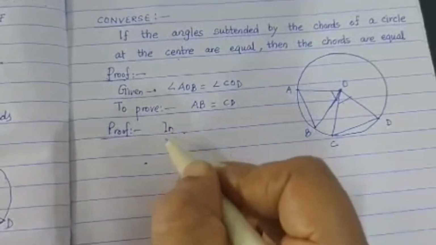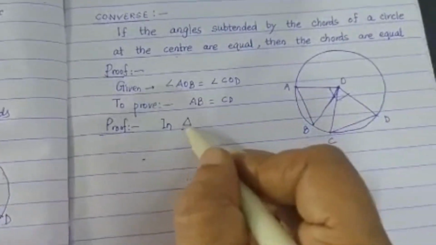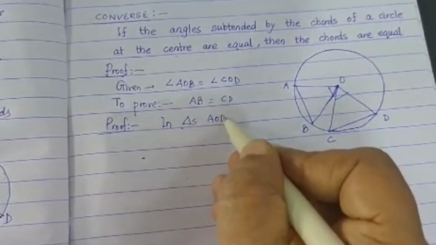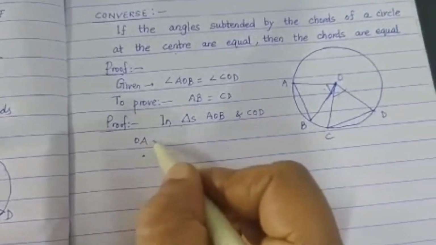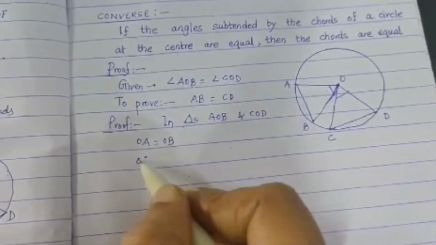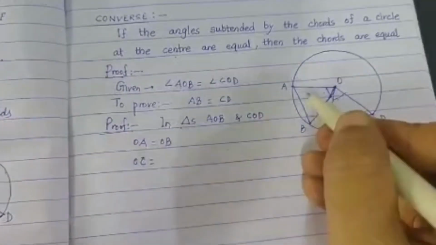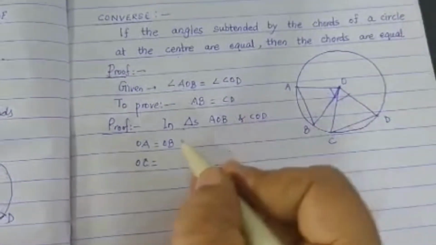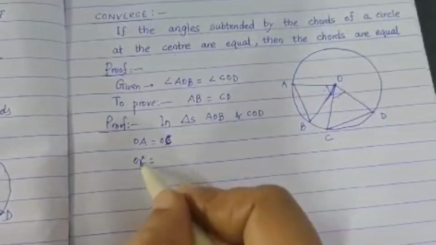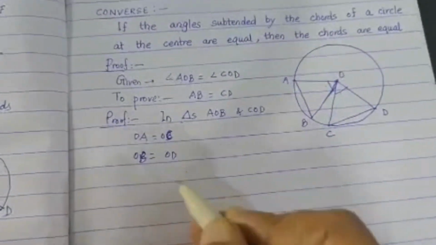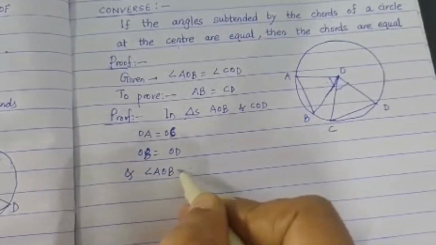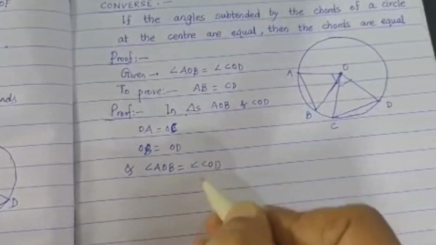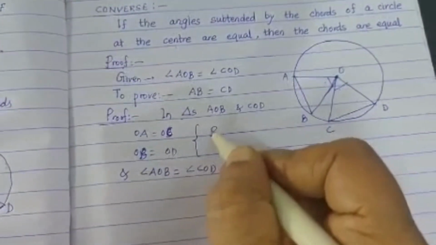In a similar way, we will do it in triangles AOB and COD. What we have? OA equal to OC, and OB equal to OD. And angle AOB, that is given, equal to angle COD. These are the radii of the circle.